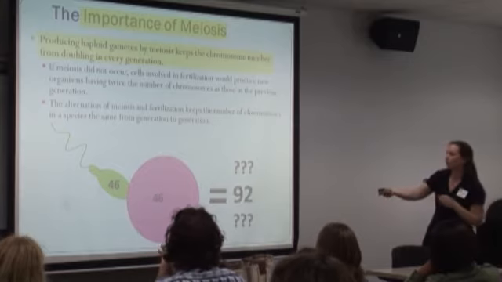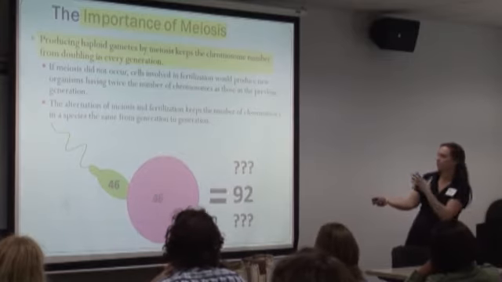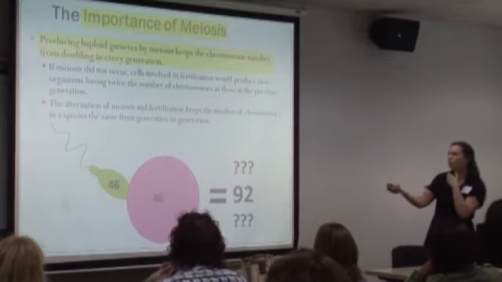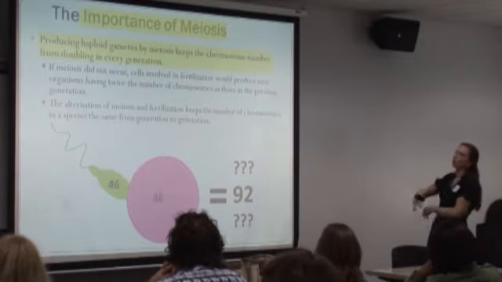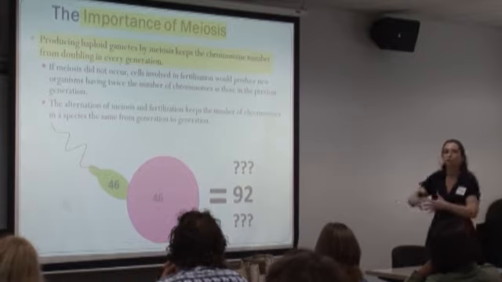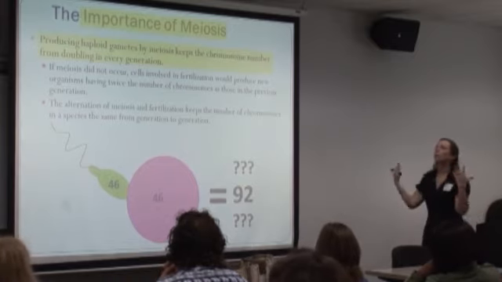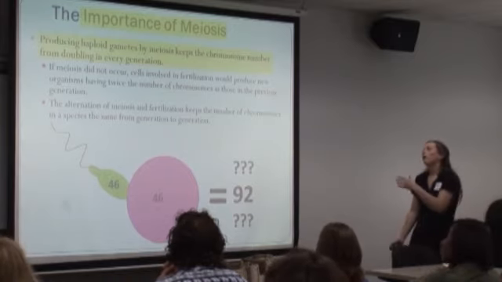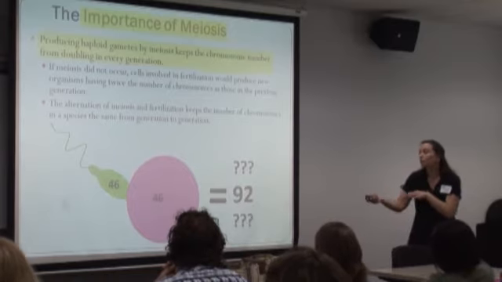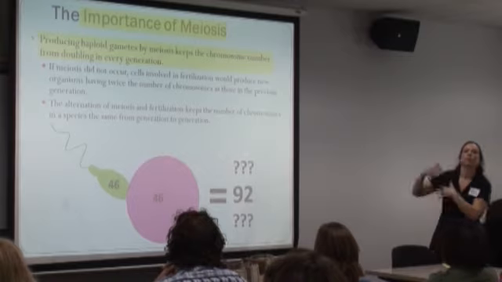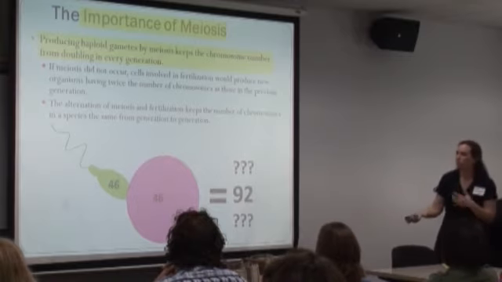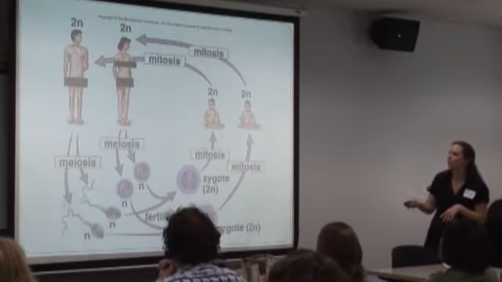And if it was necessary for us to have an organism with 92 chromosomes mate with another organism that had 92 chromosomes, you'd end up with an organism that had 184 chromosomes, and it would be a never-ending process, and that would be a little excessive. And it would be extraordinarily rare for an individual with 92 chromosomes to find another individual with 92 chromosomes. So, meiosis and mitosis.